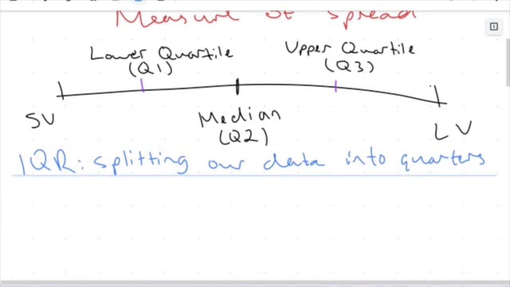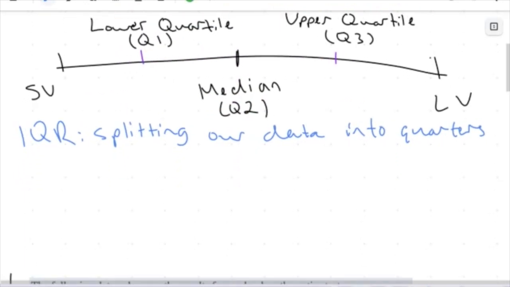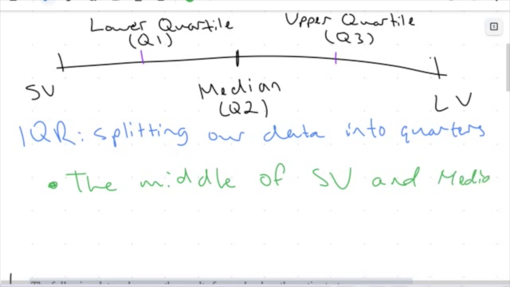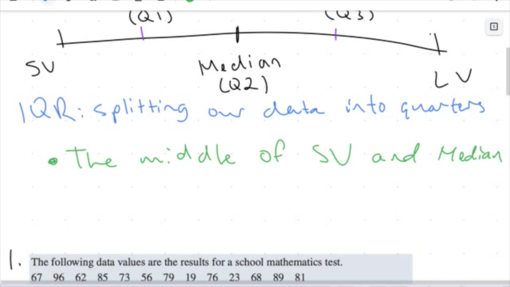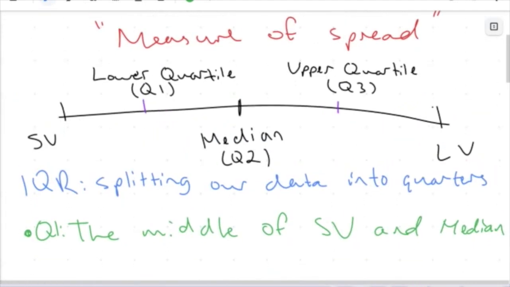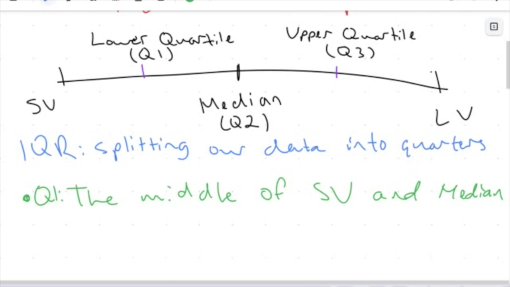So let's make a few more points. Our lower quartile is in between, so the middle of our smallest value and our median. So my Q1, my lower quartile, is pretty much smack bang in the middle of my smallest value and my median.